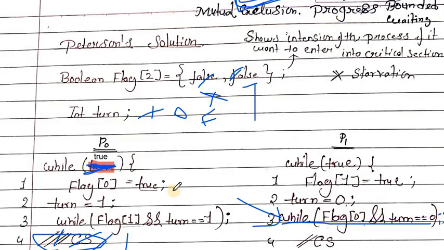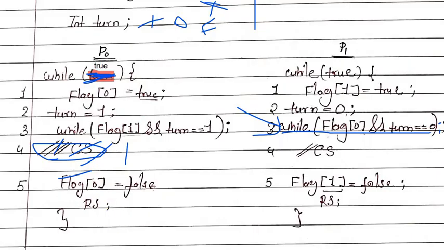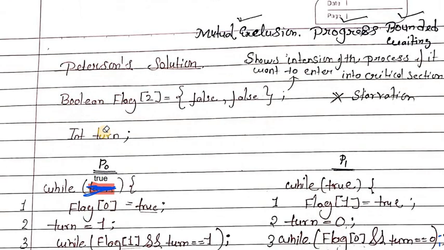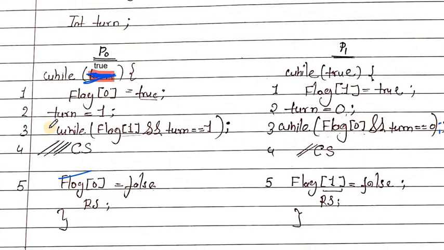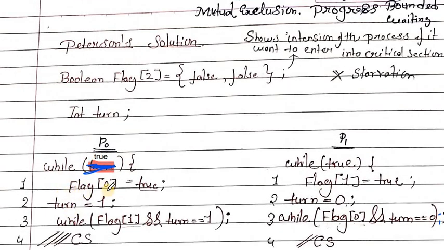Now check the progress. To check the progress, first we execute process P0. While executing process P0, flag 0 is made true.